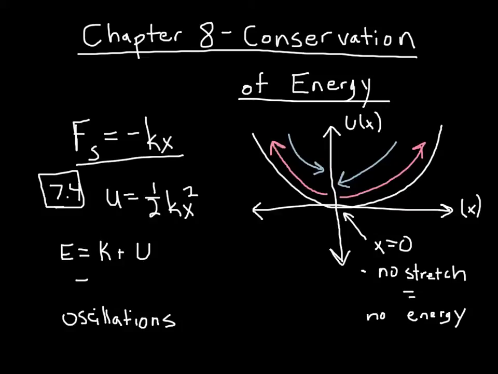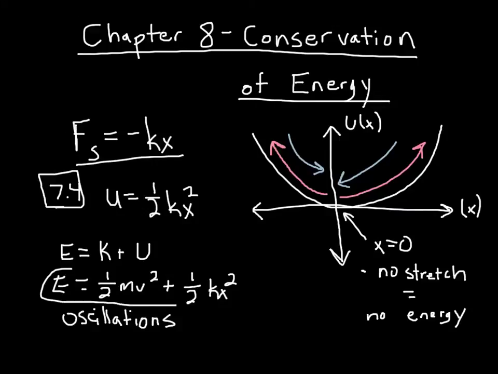Here, we can change the form of that U. We can have our regular kinetic energy, 1/2 mass times velocity squared, plus our potential energy due to a spring, 1/2 kx squared. And this really shows us conservation of energy, all depicted in this graph. And we can tell a lot about our motion just from this graph and this conservation of energy equation. So let's take a closer look at that.